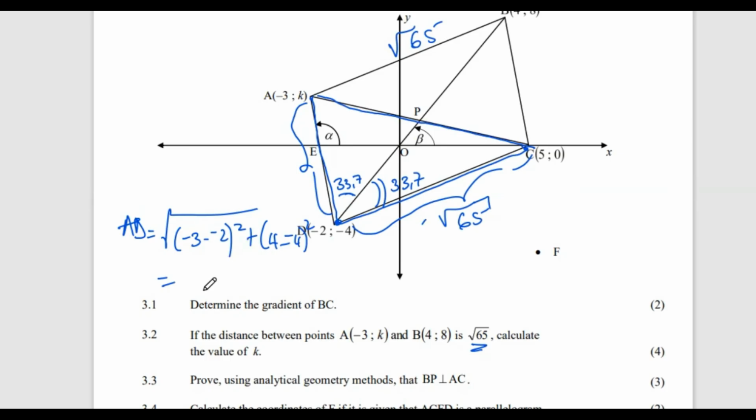Does that make sense though? -3 minus -2 is 1, and that is 8. Getting root 65, I don't know if that's going to make sense, because what I don't want to use is that other angle.